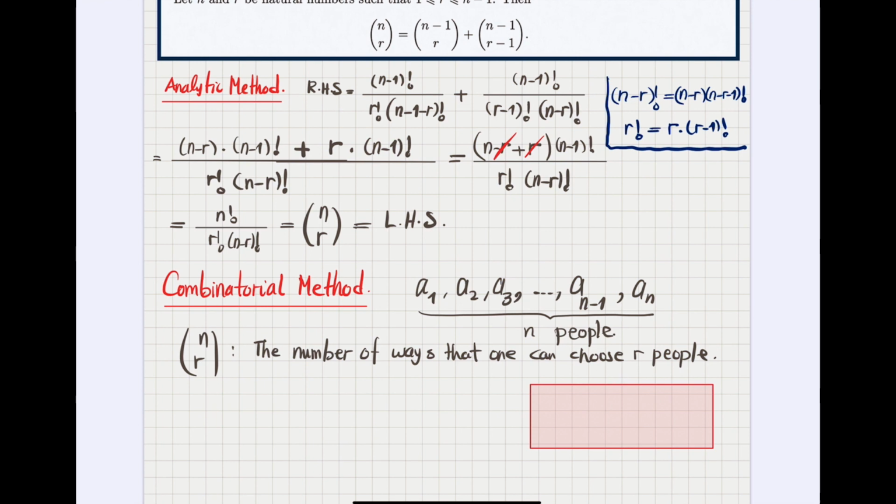This is the only thing that I want you to understand. So I would say that I can partition this number into a_n is included, a_n is excluded.